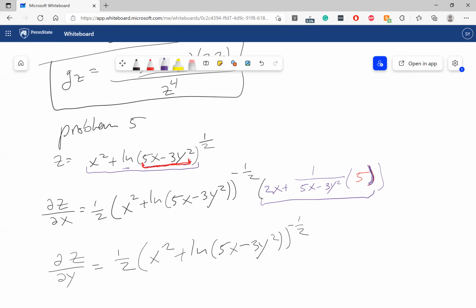And then the next part, which is the chain rule of this inside part, is going to be the x disappears. So 1 over 5x minus 3y squared. And then we need to take the chain rule of this part, and that's going to be negative 6y.